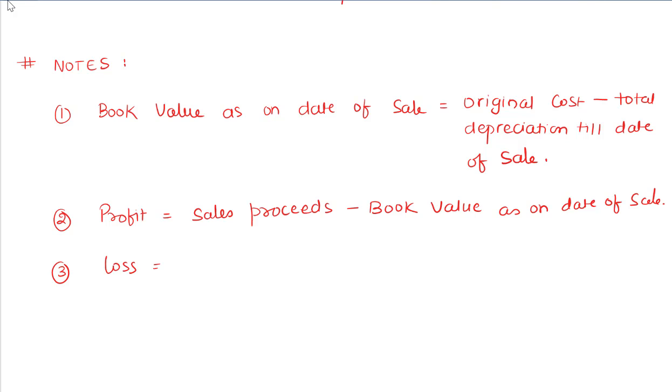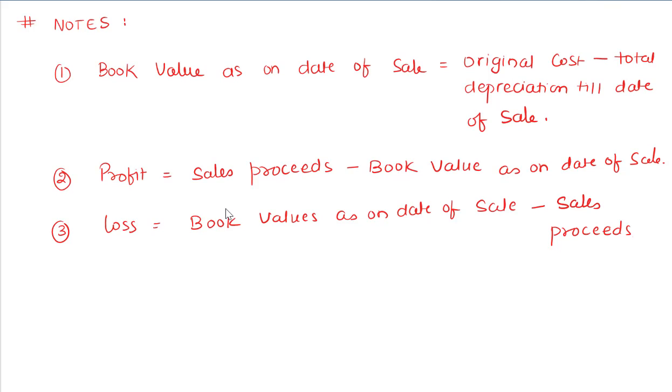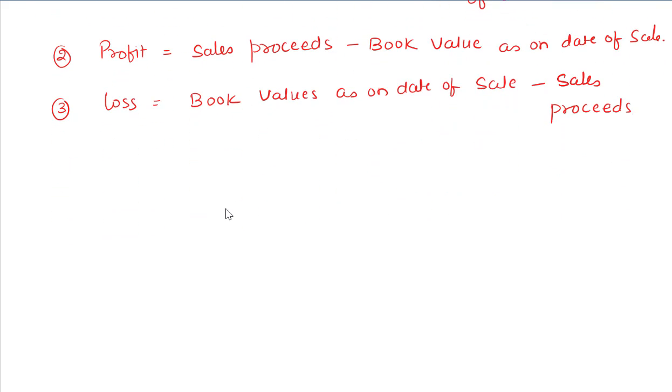Third, loss equals book value as on date of sale minus sales proceeds. So this is the formula for profit and loss. Profit equals sales proceeds minus book value as on the date of sale, and loss equals book value as on the date of sale minus sales proceeds.